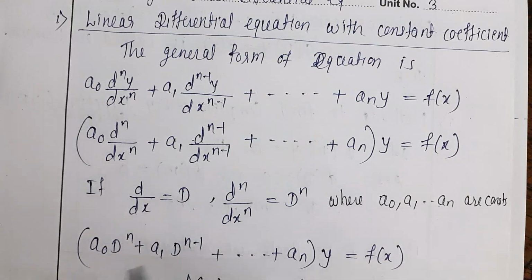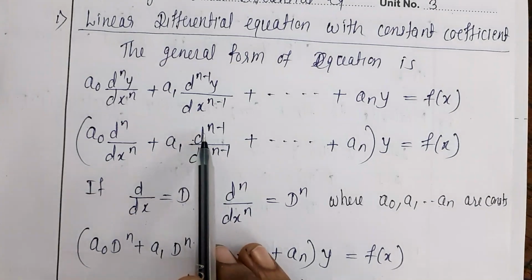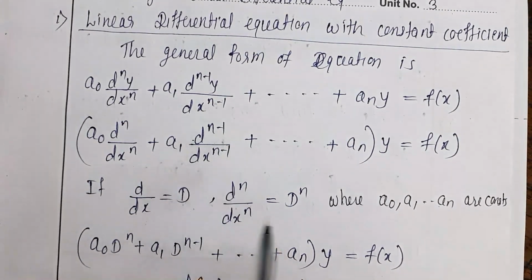It may be d by dt, depending on the problem. So D^n becomes d^n/dx^n, and D^(n-1) becomes d^(n-1)/dx^(n-1).